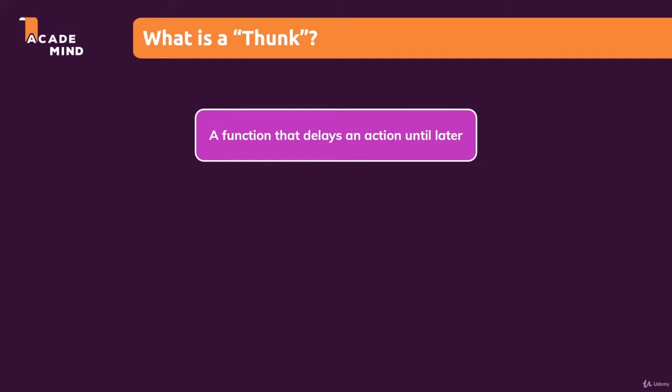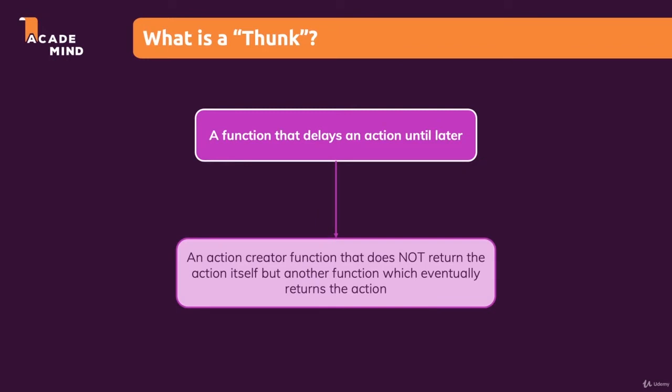And we could write an action creator as a thunk to write an action creator which does not immediately return the action object, but which instead returns another function which eventually returns the action, so that we can run some other code before we then dispatch the actual action object that we did want to create. This might sound cryptic, but that's a very common pattern and it is easy to implement. So let me show you how it would work.